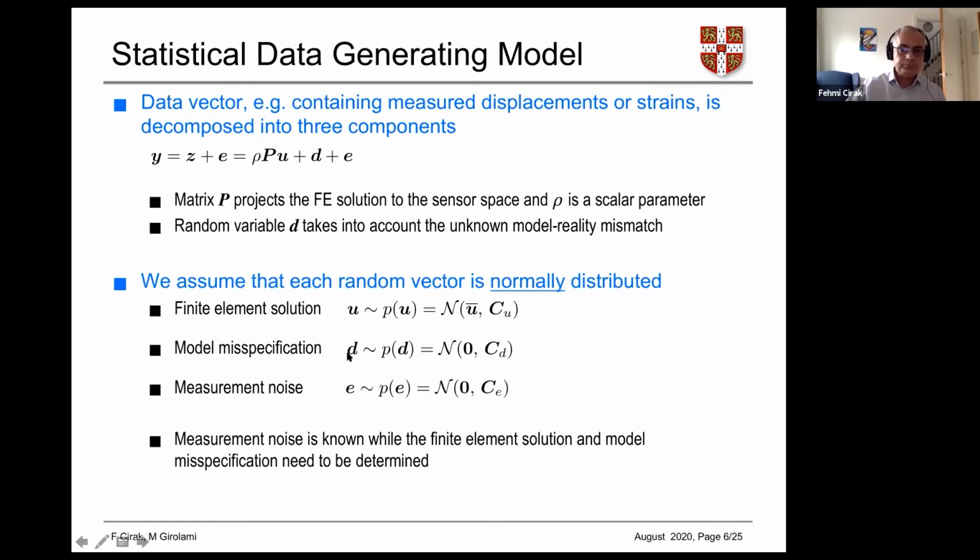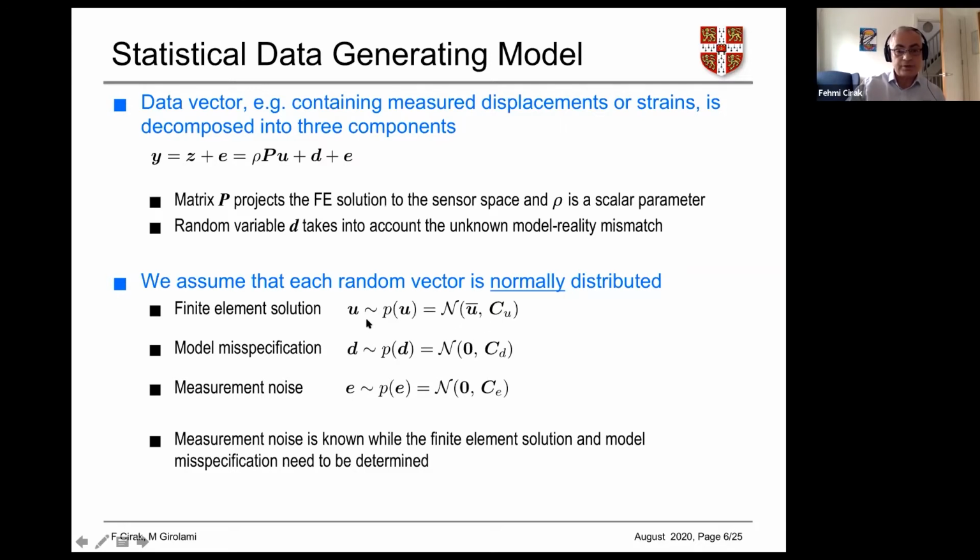So in this decomposition, we are assuming that each random vector, so y, z, e, and so on, these are obviously vectors, is normally distributed. So essentially, if you remember, a Gaussian or normally distributed field is fully described by its mean and its covariance matrix.